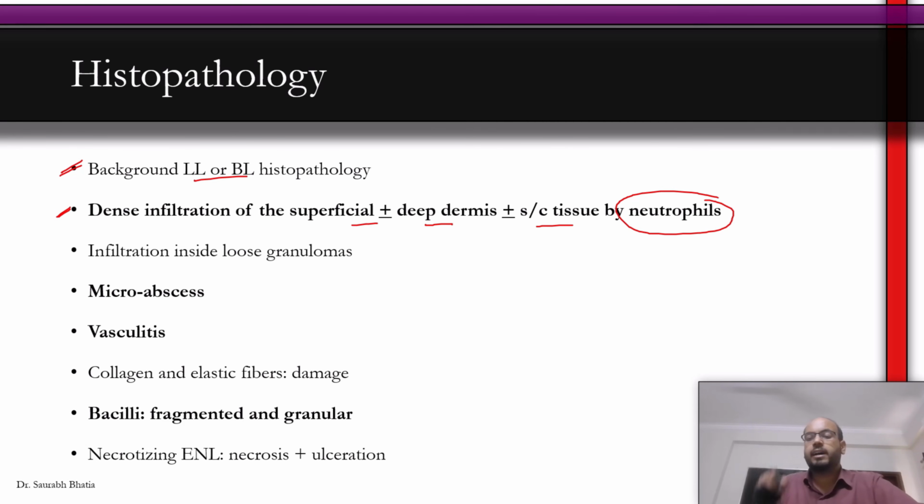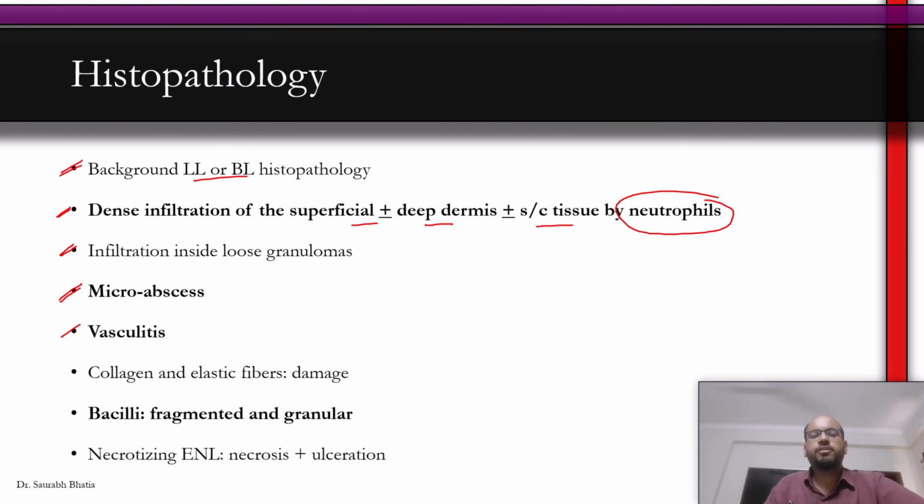Remember, neutrophils are the histological hallmark of ENL. So there's dense infiltration in the upper and lower dermis along with subcutis, and the infiltrate is composed largely of neutrophils. The infiltration extends inside the loose granulomas, so much so the infiltration can be so high that it can cause microabscess. So collection of neutrophils is known as microabscess.